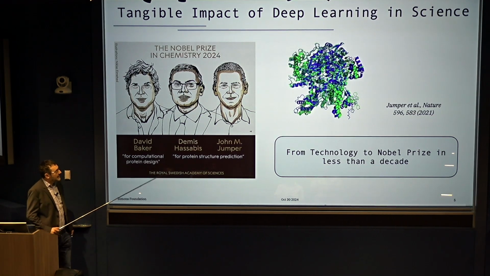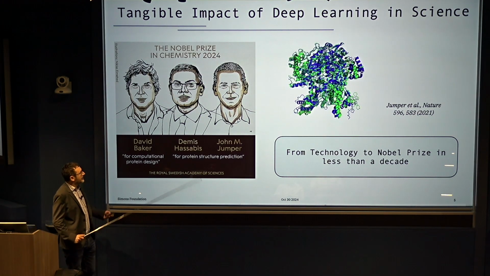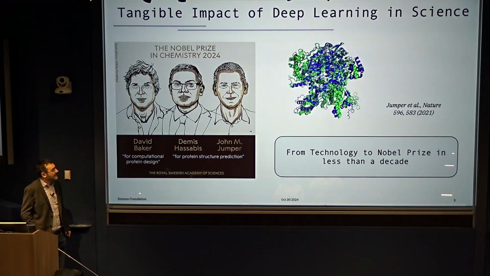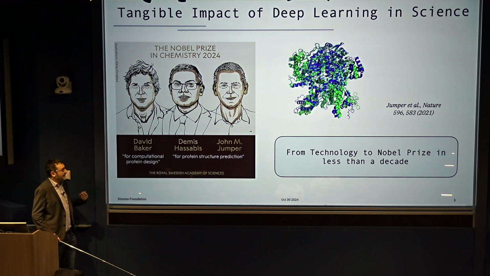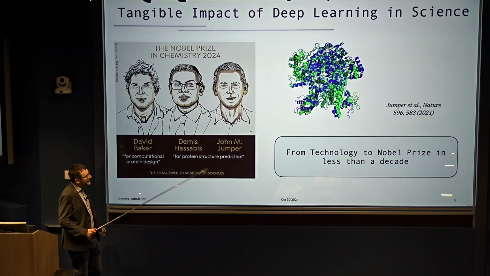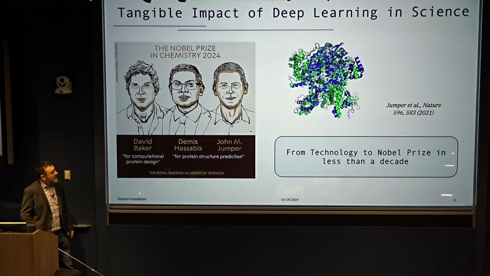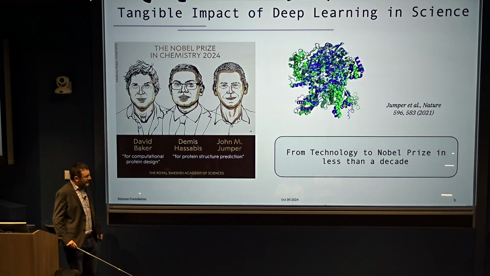So as you know, the Nobel Prize has been awarded to the creators of AlphaFold, who have invented this deep learning method that allows us to predict with relatively good accuracy how proteins fold just using their structure.